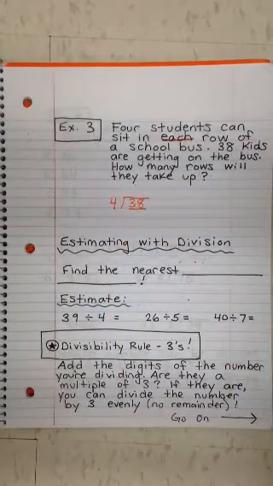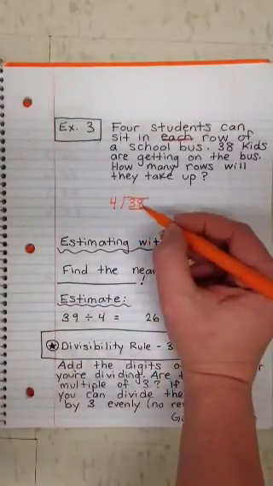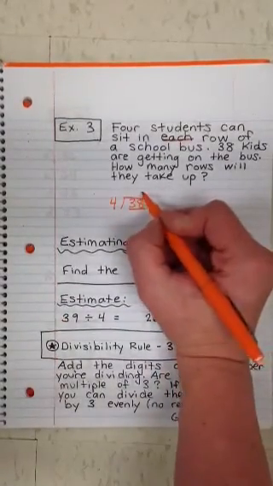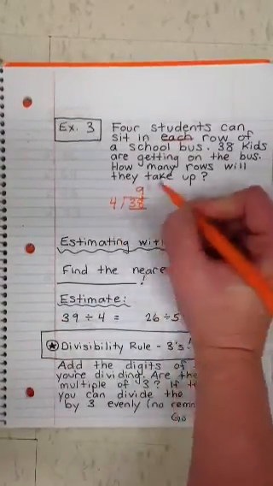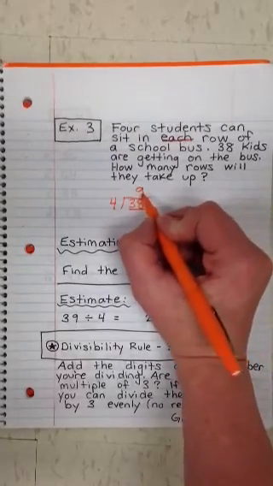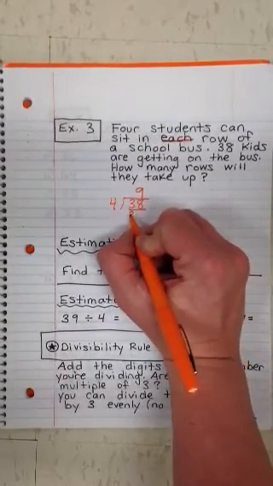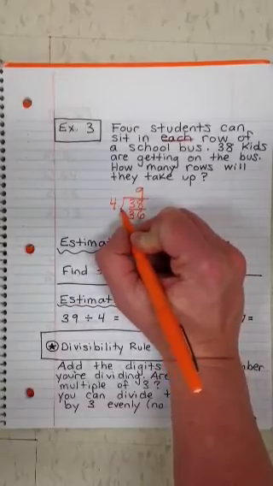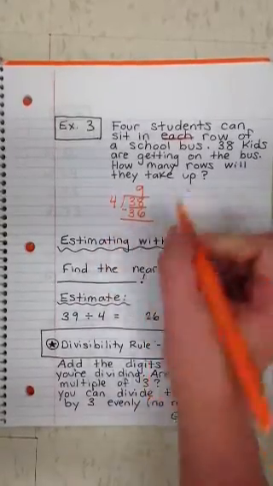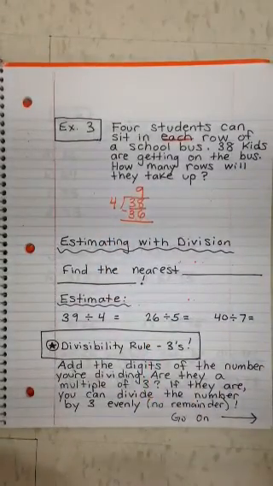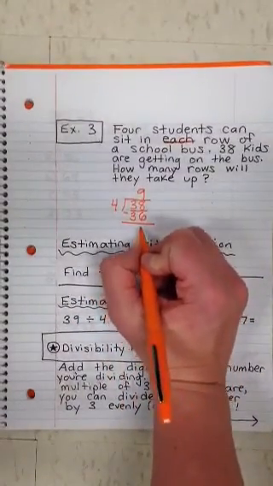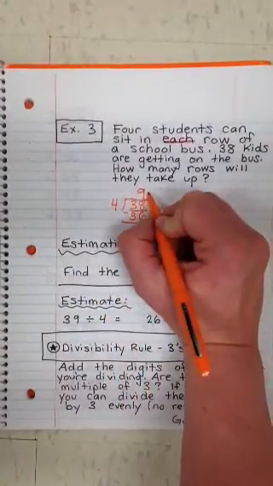Now 4 can go into 38 how many times without going over? Good, 9 times. Multiply, 9 times 4 is 36. Subtract, 38 minus 36 is 2.